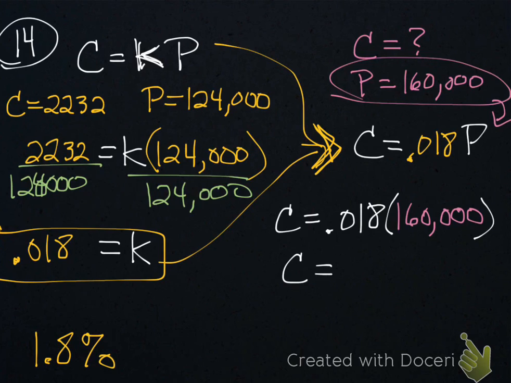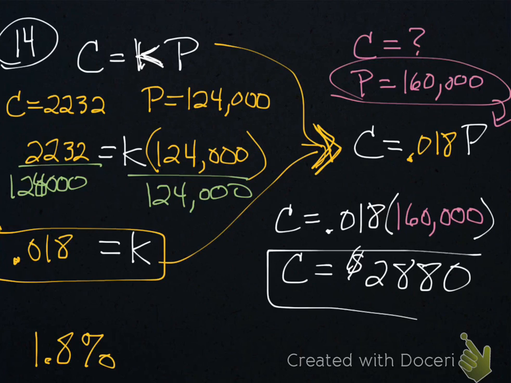Plug that into the calculator, and I get $2,880. Not bad. Again, 1.8% is low, so this realtor is giving a discount for some reason. This concludes all of our practice problems for variation.